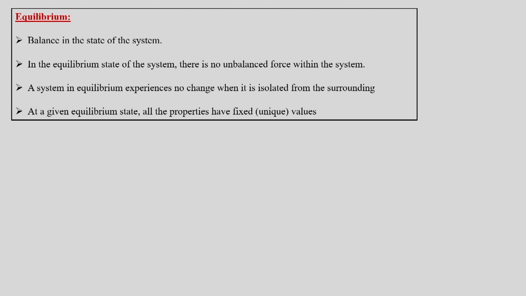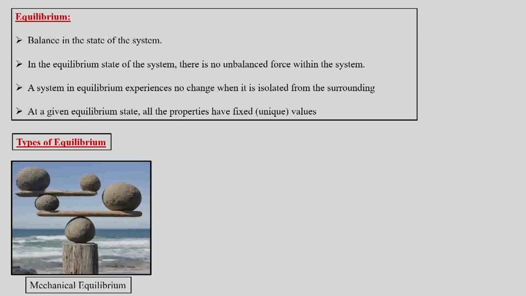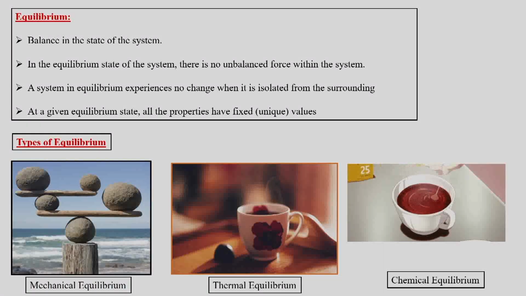If there is a system and it has the same properties inside, and if we isolate it from the surrounding, then there will not be any change in the property of the system with time. In a given equilibrium state, all the properties have fixed or unique values. As we know, there are types of equilibrium: mechanical equilibrium, thermal equilibrium, and chemical equilibrium.